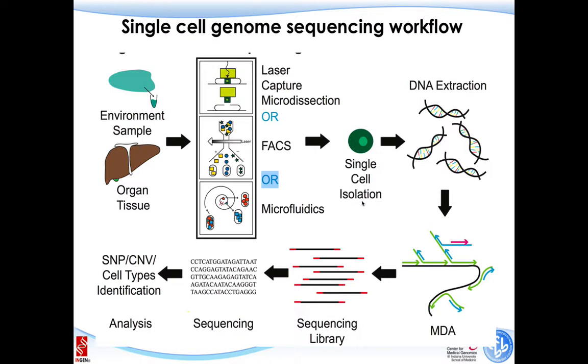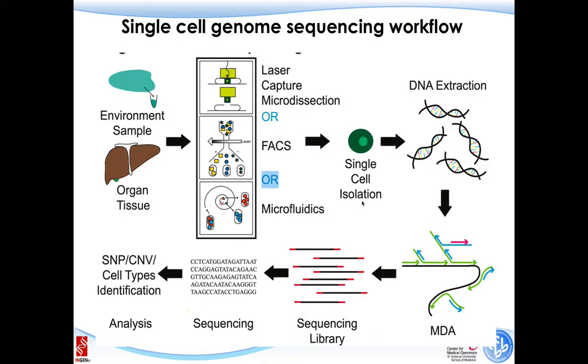You can see that, starting from the sample or the tissue, the first part is to separate the individual cells. There are several different ways you can do that. The first one is laser capture microdissection, which is very challenging and technically demanding.